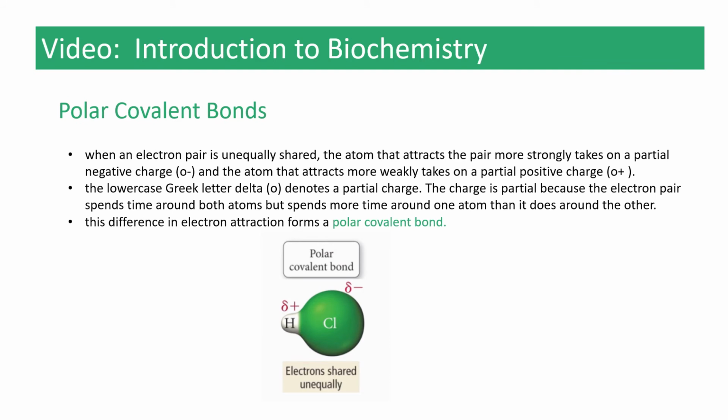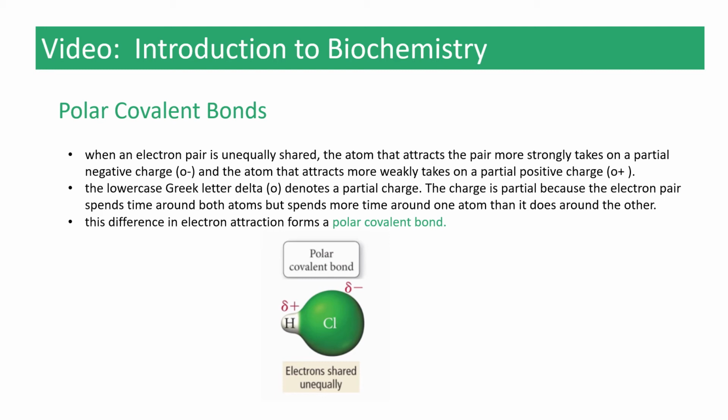Polar covalent. When an electron pair is unequally shared, the atom that attracts the pair more strongly takes on a partial negative charge, while the atom that attracts them more weakly takes on a partial positive charge.